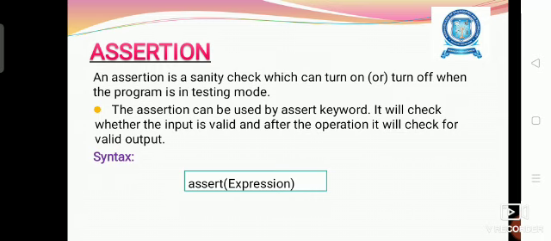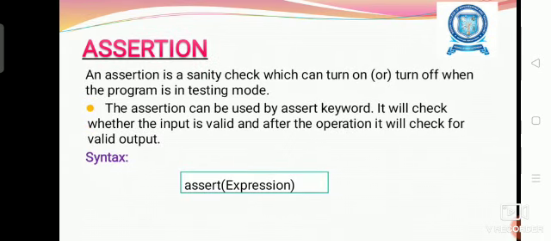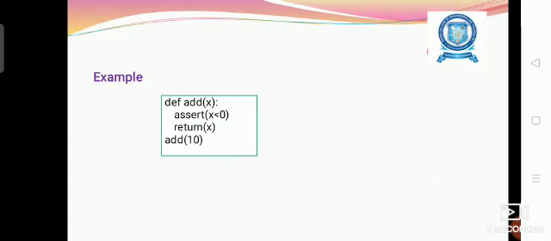It will check the correctness of some statement, both the input value as well as the output value. For that we use assert expression, so the expression will be checked by the assert keyword.